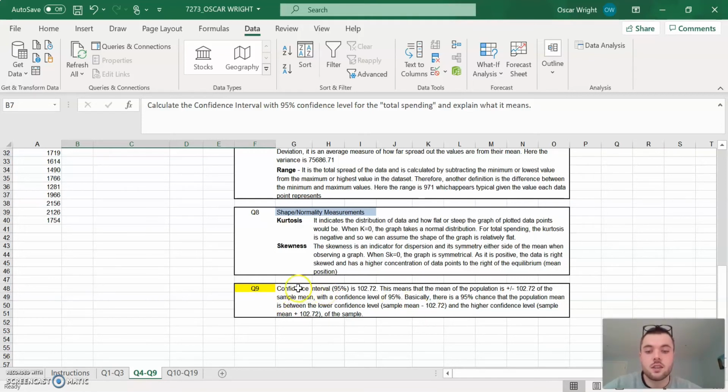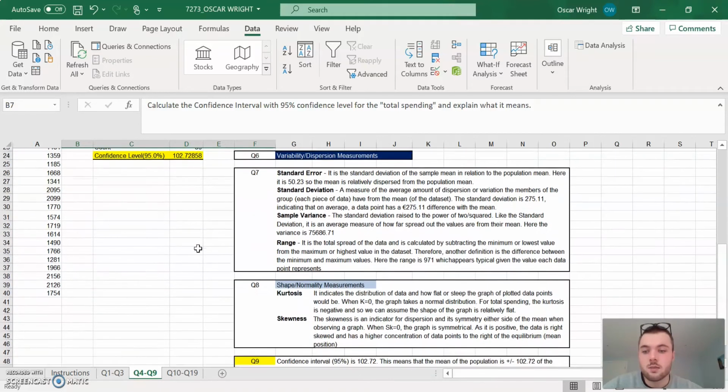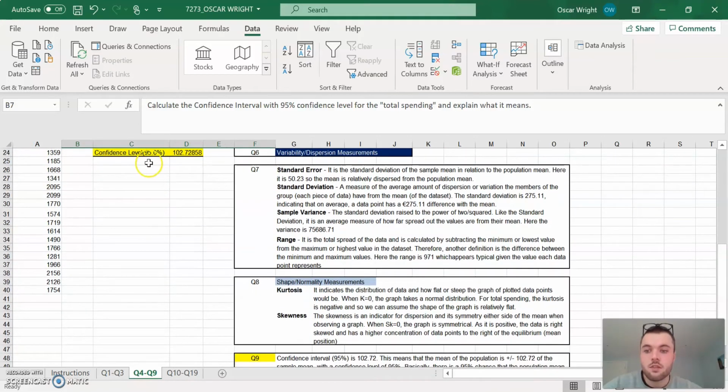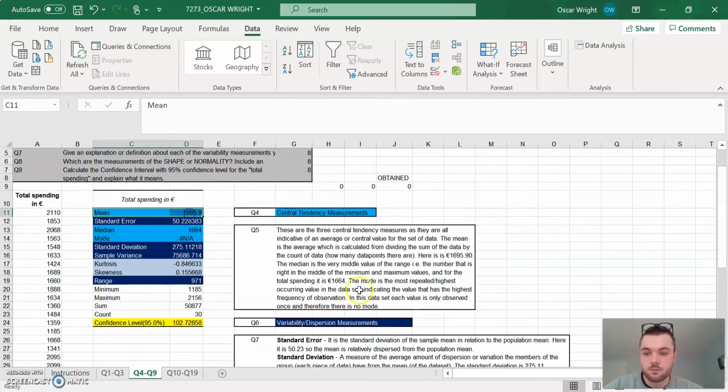So essentially, with a confidence level of 95%, we can say that the actual mean of the population is plus or minus 102.73 of the mean that we have for this sample, which is here.